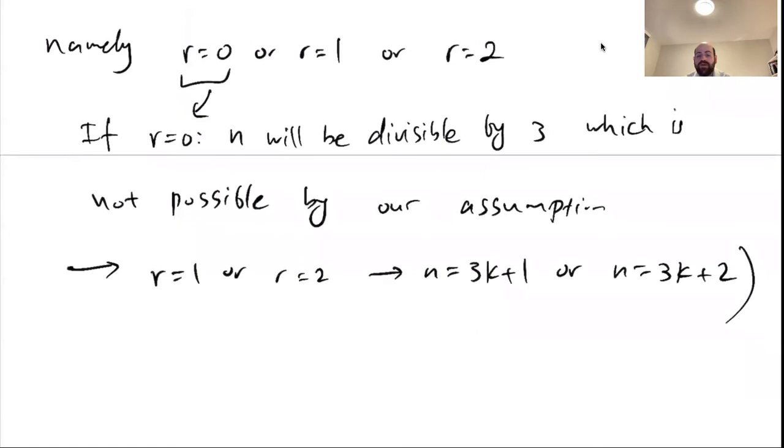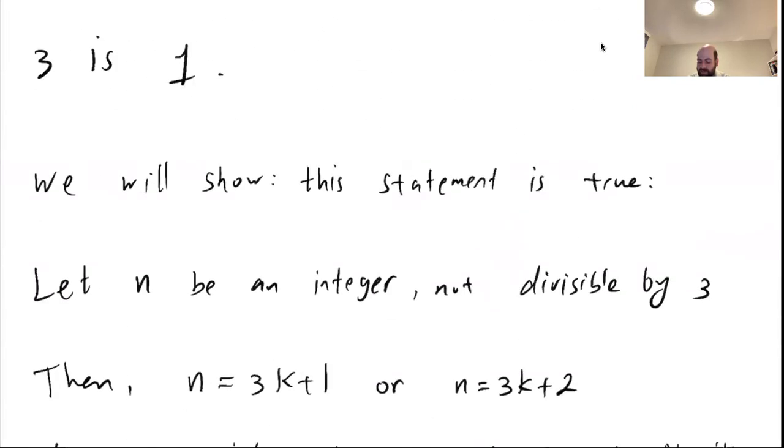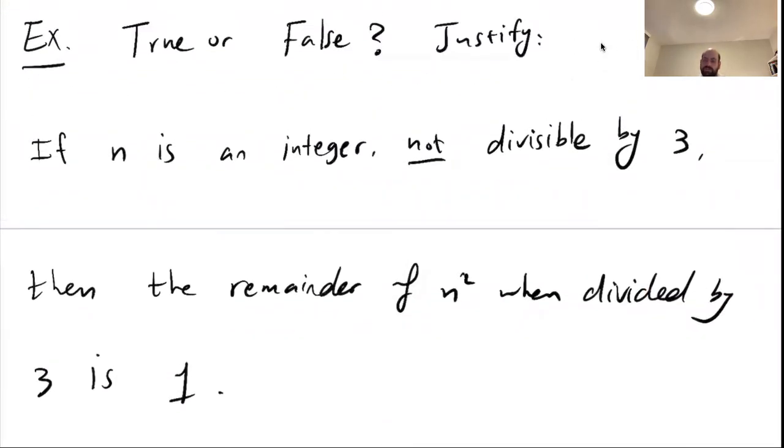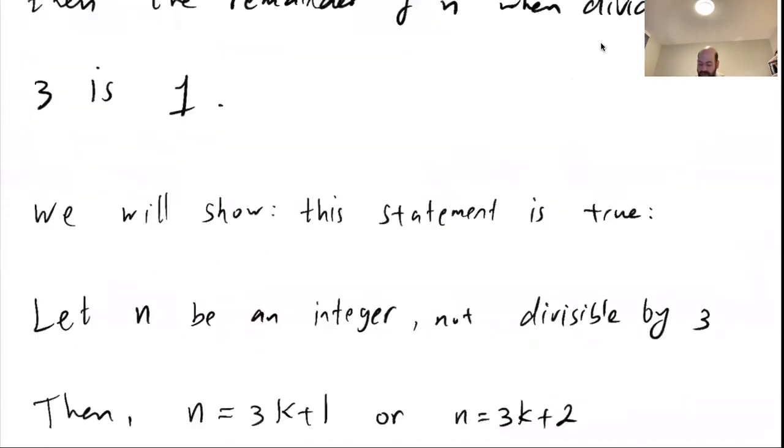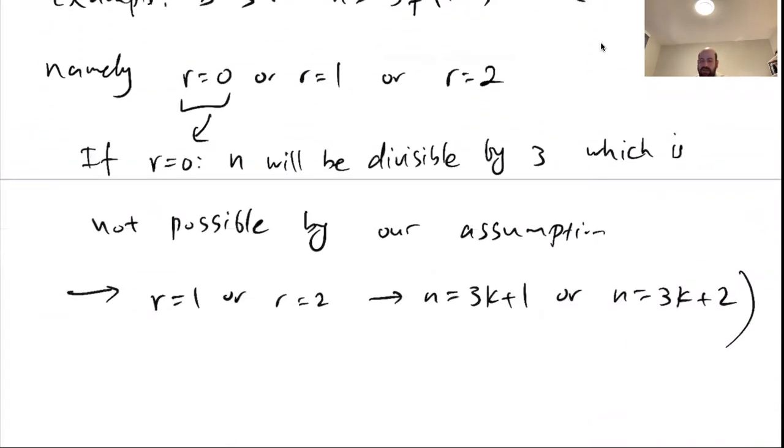Now, if the remainder is 0, as you learn in elementary or high school, then we call n divisible by b, or in this case 3. But my assumption is that n is an integer not divisible by 3, so r cannot be 0. If r cannot be 0, it is either 1 or 2, so either n is 3k plus 1 or n is 3k plus 2.